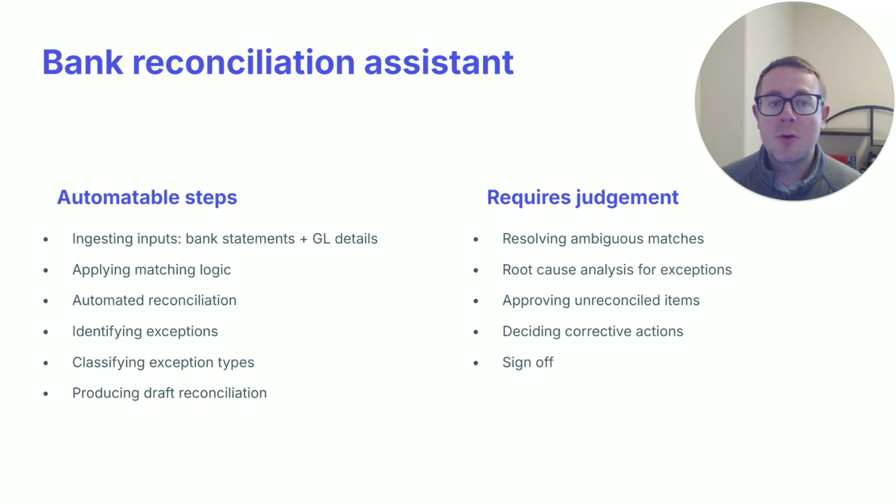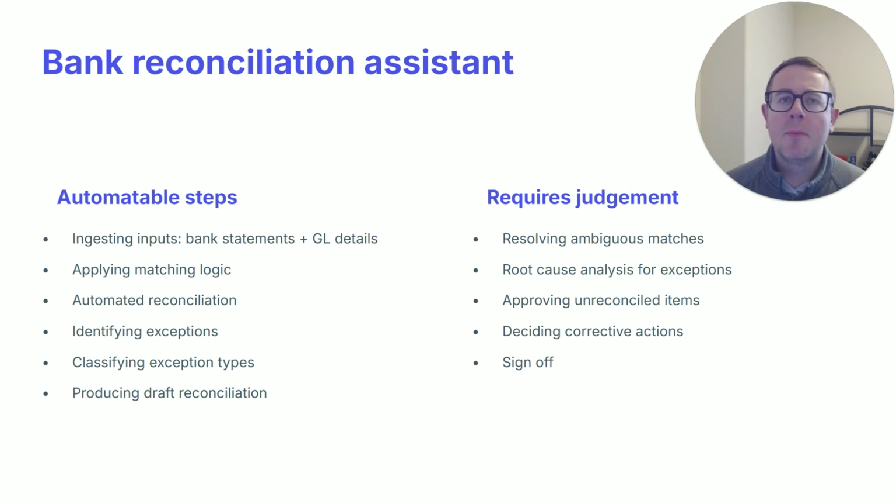We want the model to actually automate the reconciliation for us, so performing the matching, flagging exceptions that need review, and then ultimately classifying them for us. And then we want it to produce a draft reconciliation output that's easily digestible and keeps us focused on the exceptions that need to be reviewed.